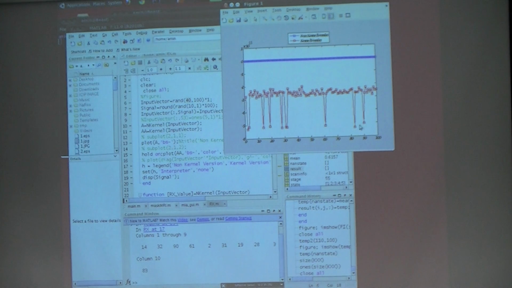For example, these 10 points here are the anomaly, and the noise data is around 2.5.